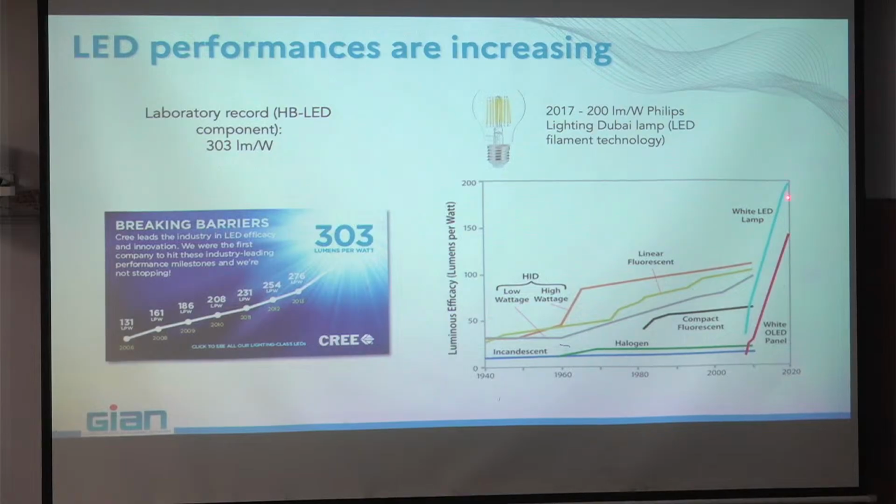White LEDs continue increasing, and this is the most efficient lamp that we have today. That is the chip. Here is the lamp. I will explain how it works. It is what we call the LED filament lamp, and it achieved more than 200 lumen per watt in 2017. Today we have a little bit more.